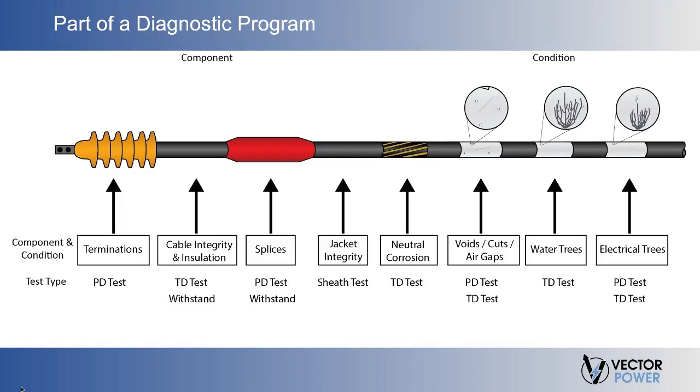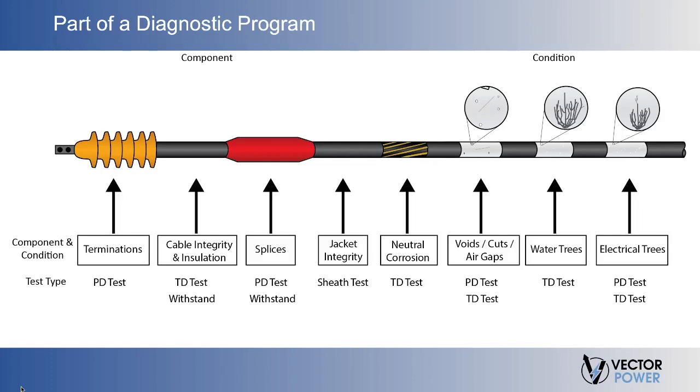So again, in our little model here that we see in this slide, we have tests such as partial discharge tests, tan delta tests, and withstand or high potential tests, sheath tests, and depending upon what problem we're hunting, the different tests will help us unveil what might be occurring in the cable.